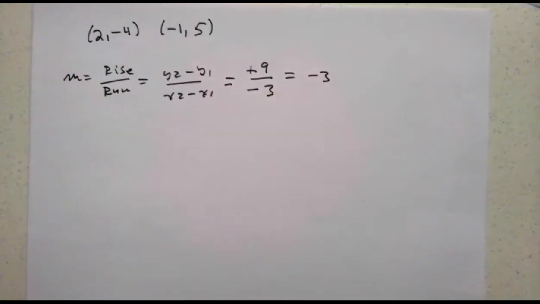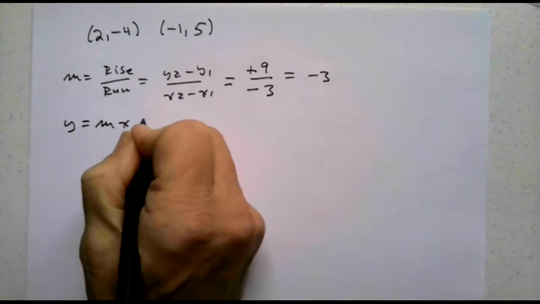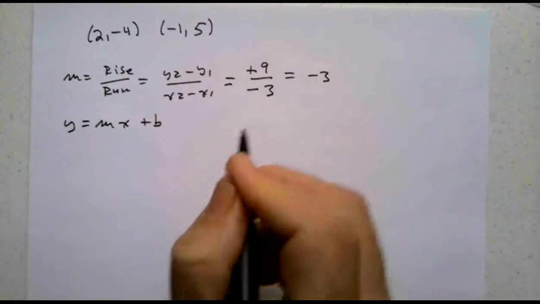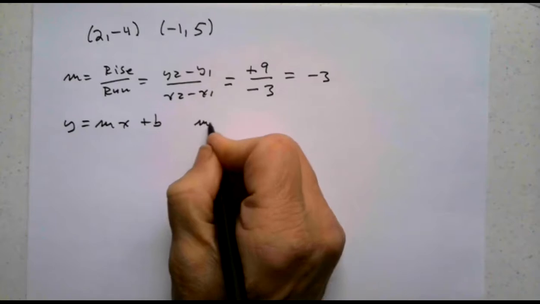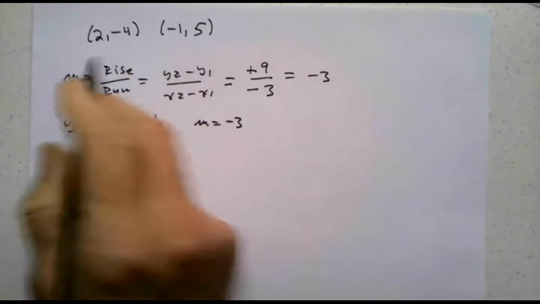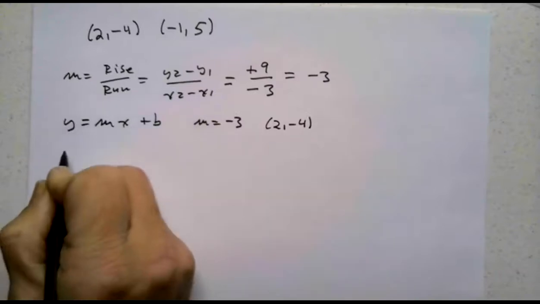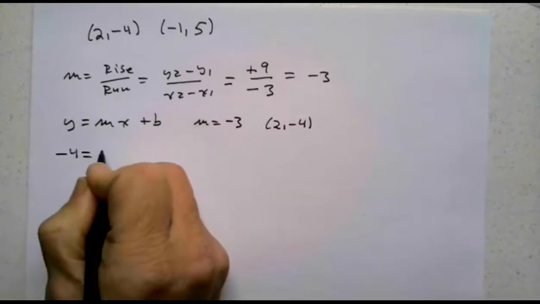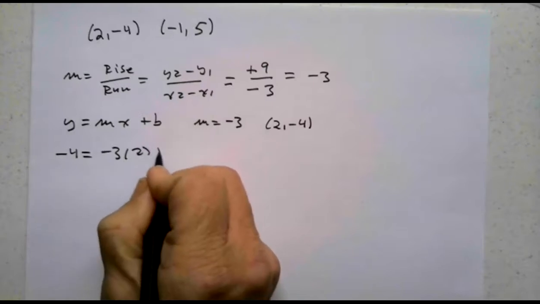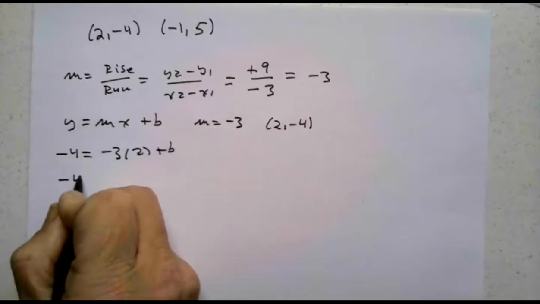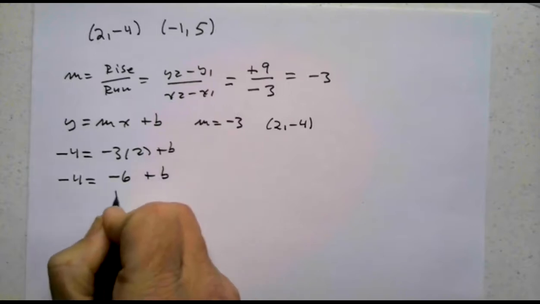So my next move with the procedure I prefer is to go with y equals mx plus b. Our m here is -3, and x and y are one of the points I want to use, so I'll just choose the first one. Plug in -4 for y, -3 for m, 2 for x. -4 is -6 plus b.